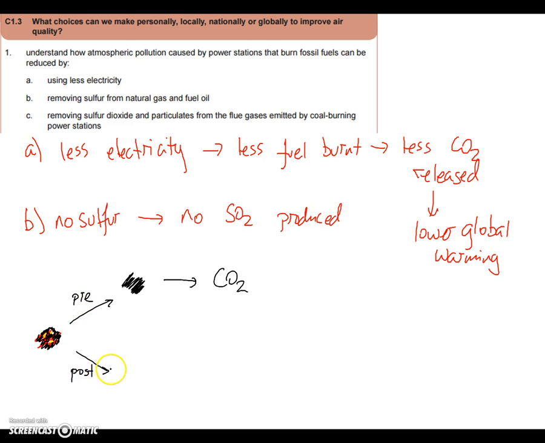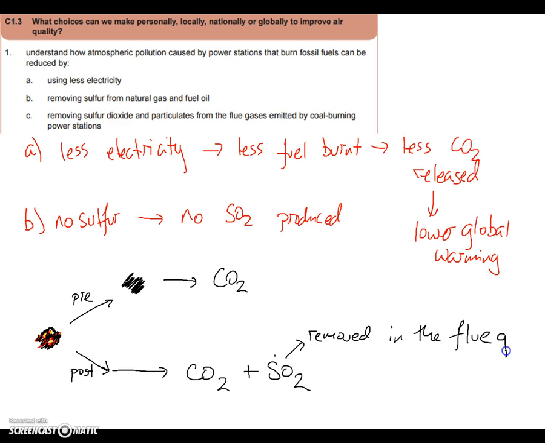If we don't remove the sulfur, we will burn it and we will produce sulfur dioxide, and then this sulfur dioxide is removed in the flue gases, and that's just a fancy word for the chimney.